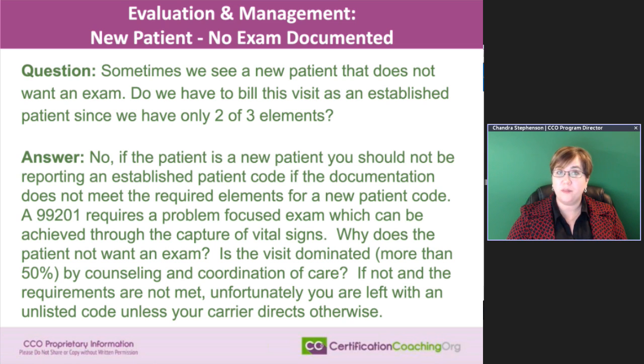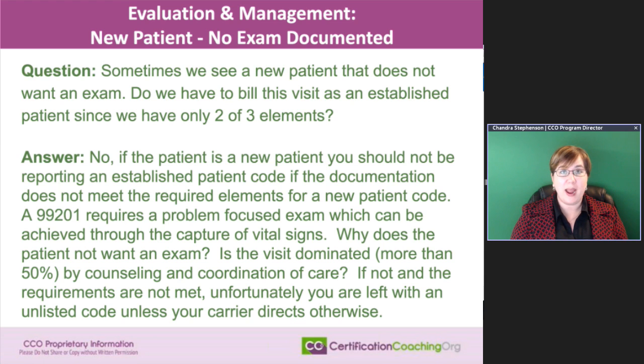Now you want to make sure and verify that with whatever carrier it is that you're reporting to, or if your carrier won't give you a rule, determine what you are going to do as a policy, right? Have it in your policies and procedures and follow that so that you can defend it if they come back to you and ask, well, why did you do this? But it's very common, especially in unconscious patients, that the history component is kind of a buy, if you will.